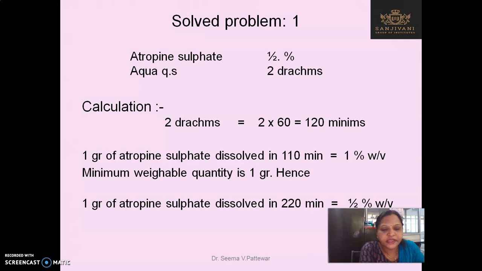Hence 1 grain of atropine sulfate is dissolved in 220 minims. We have to double this quantity, so it will become half percentage of weight by volume. Clear?